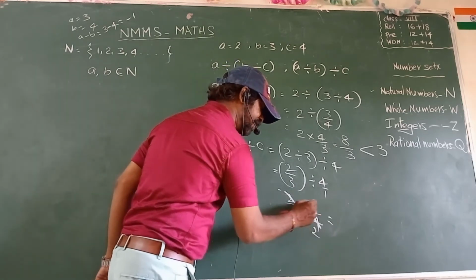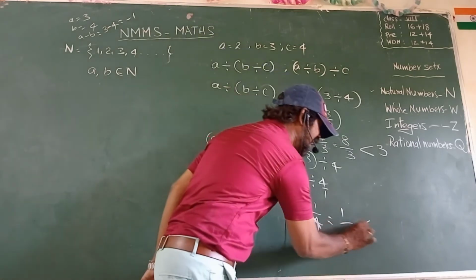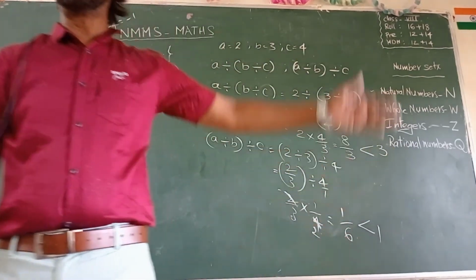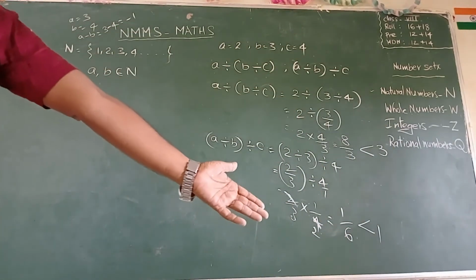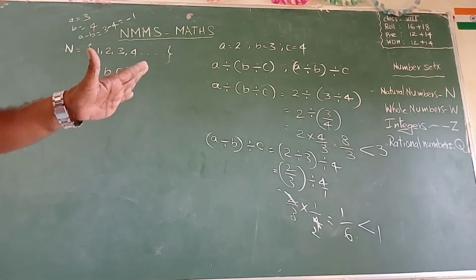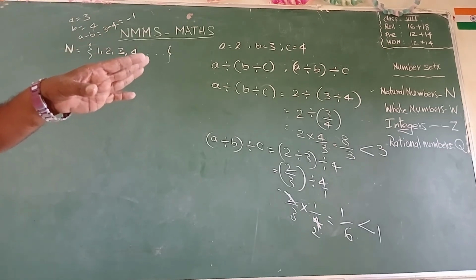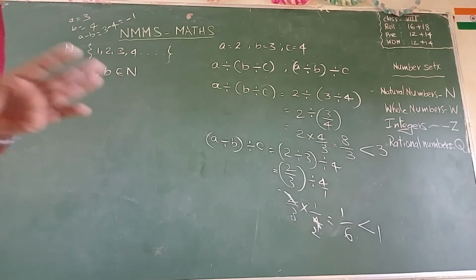The 2 times is gone, 1 by 6, which is less than 1. That is less than 3, this is less than 1. Both are not the same, so that's why the operation is a failure.